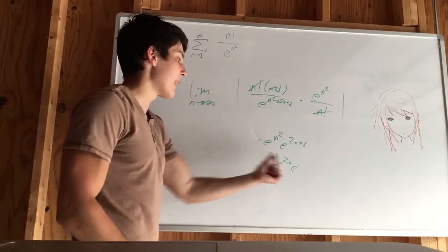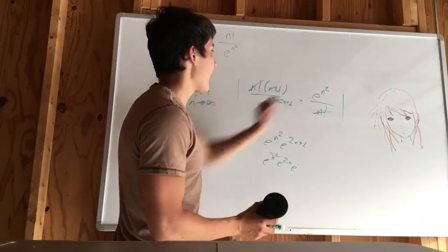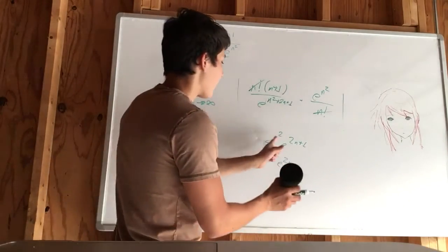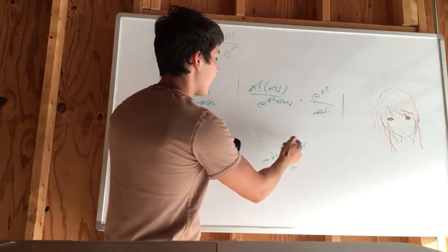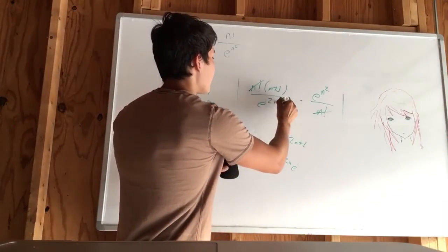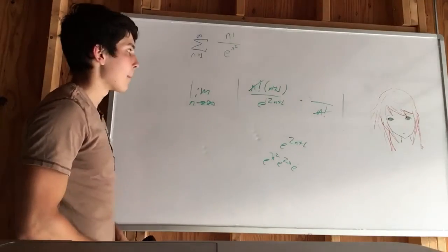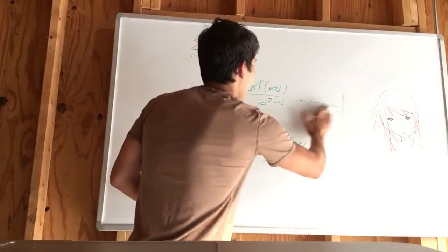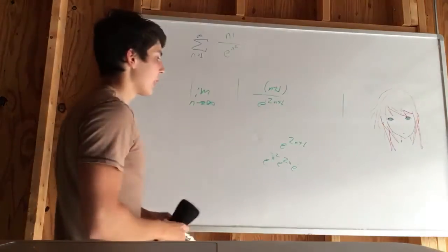You can multiply in this way when you have addition in the exponent. So that means that we can cancel the n squared with this form. So we're going to cancel out this one and just be left with e to the 2n plus 1. This one went away, that one went away, and that's what we're left with.